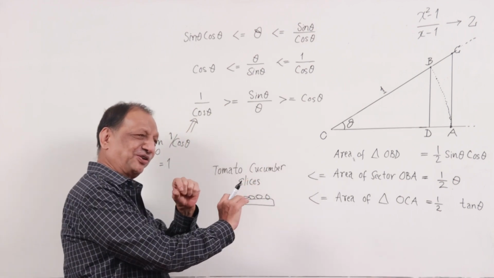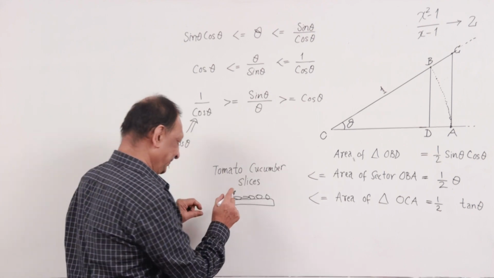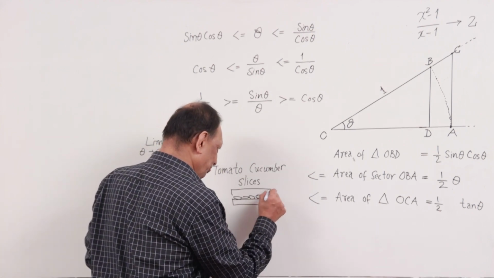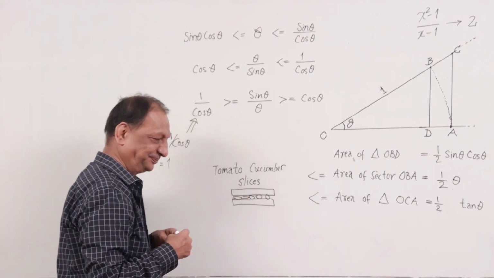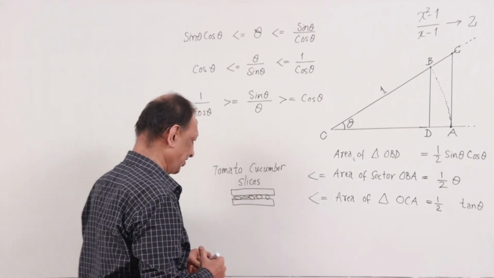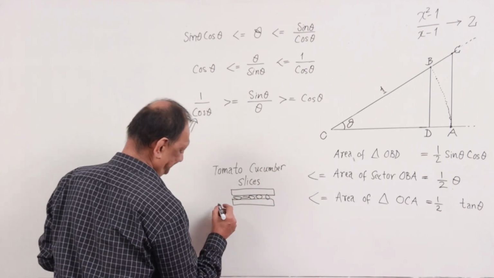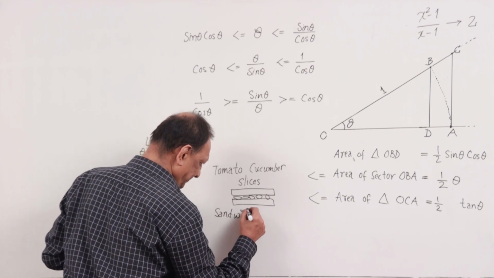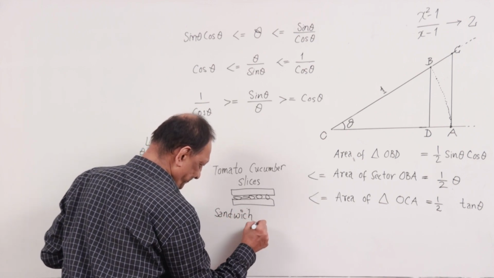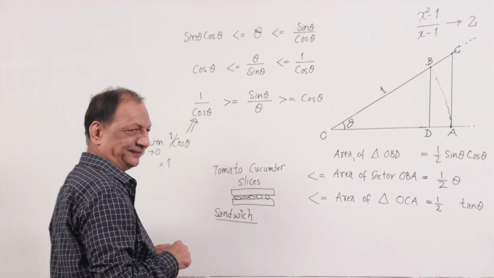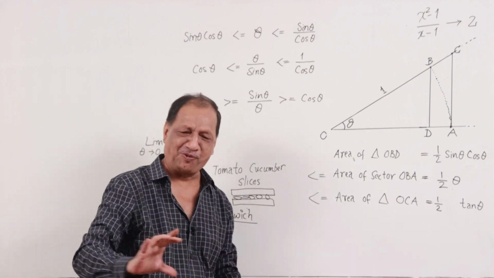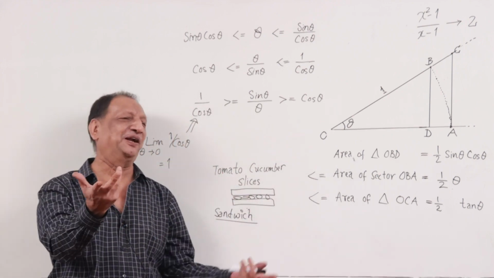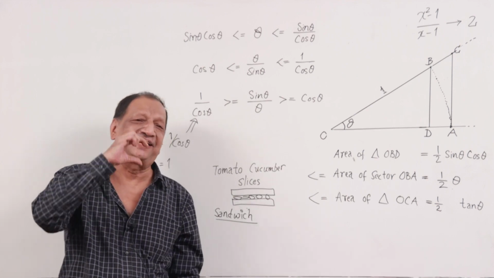I don't want to hold tomato. So put 1 more bread slice on top. Correct. And what do you call this? It's called a sandwich. Correct? So once you have the sandwich, I'm holding bread only. It's not wet or anything, I can eat that.